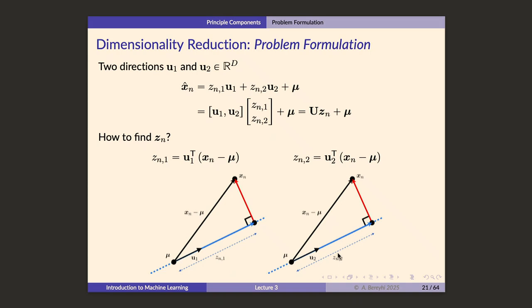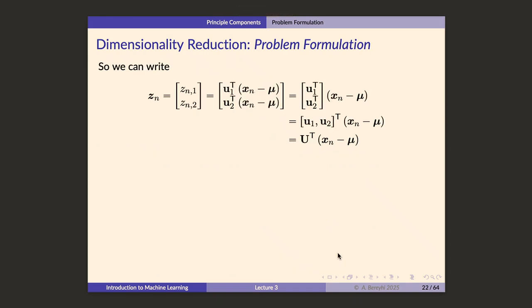Okay. Great. So if you have no questions, then let me simplify that or represent it more compactly. If I think of my z, which is my reduced dimensionality, in this case 2-dimensional, so it is a vector of 2 entries. I can just put them next to each other, zn1, zn2. So these are the entries that I have.